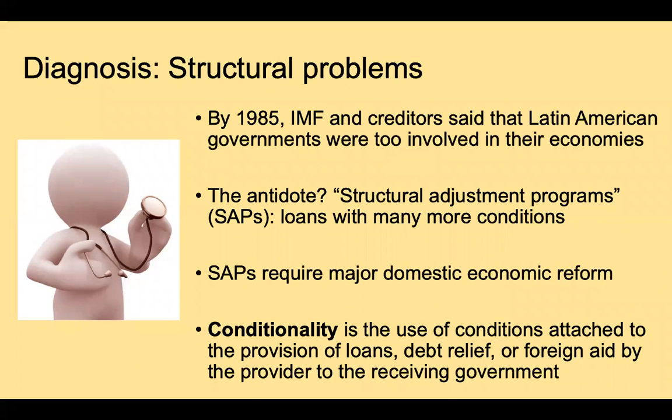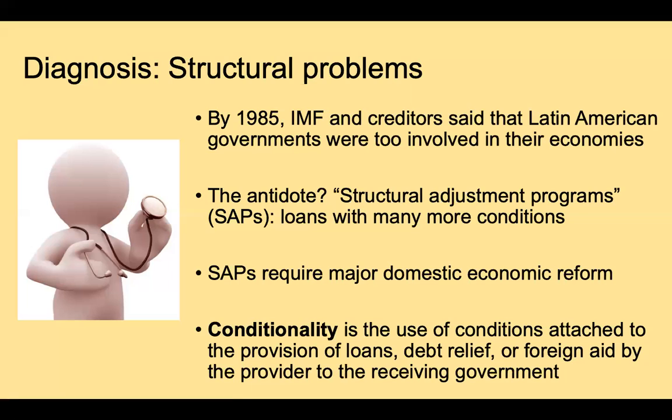The set of actors who promoted these SAPs, as they were called, included not just the creditors to Latin American governments like US banks, European banks, but also the IMF, the World Bank, and other institutions, all became heavily involved in discussing and debating how to address this debt crisis.